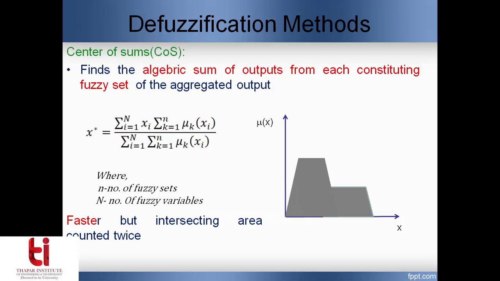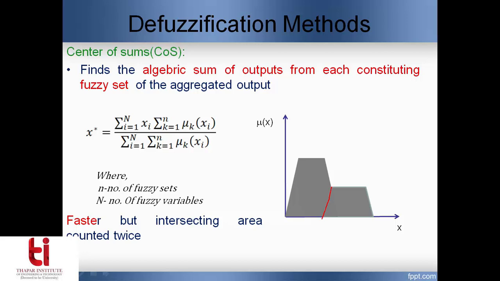Okay, so this is less computationally intensive, a little simpler than the centroid method, and it gives me good output, a good predicted value, a good inferred value also. But the problem in this case is the intersecting area.